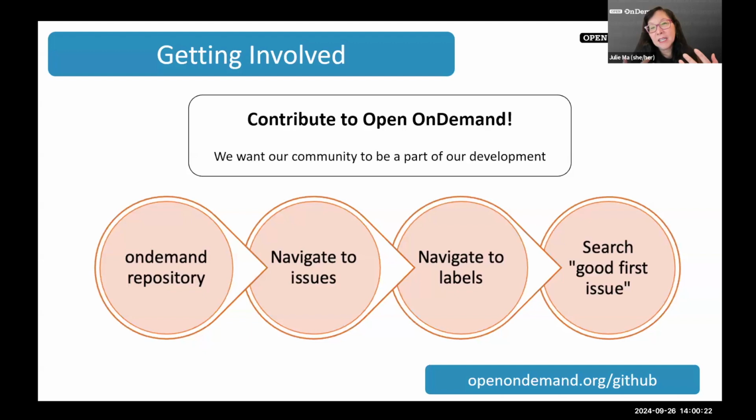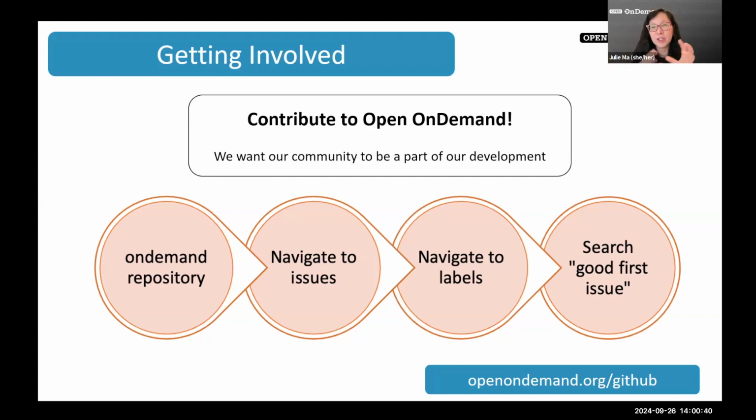On the other hand, if you're just interested in contributing to Open OnDemand in some manner, and you don't necessarily understand the entire system, what our dev team has done is gone through our open GitHub issues and identified issues that would be good first issues.